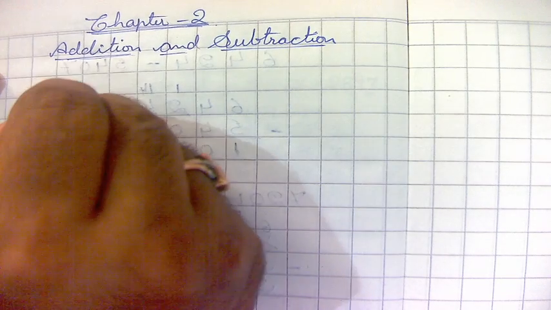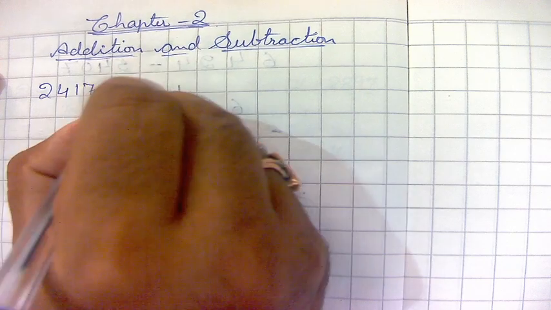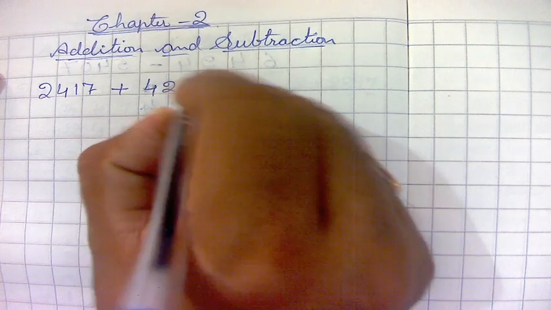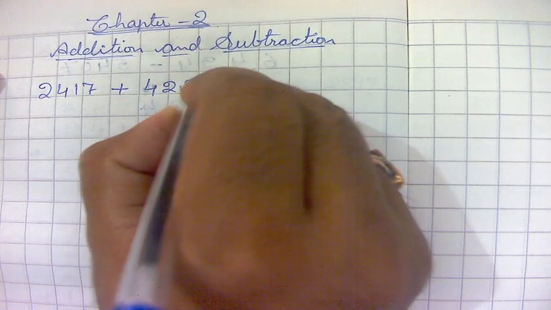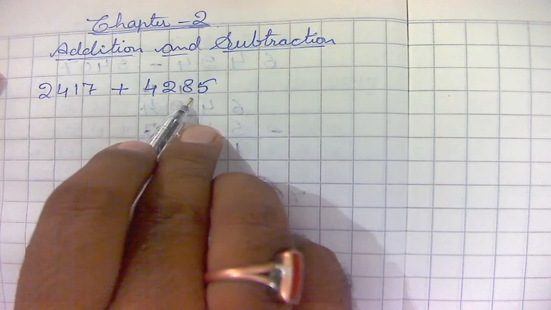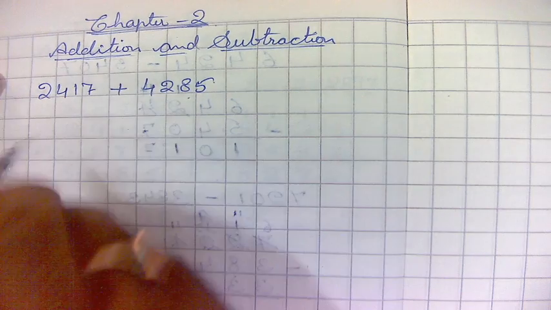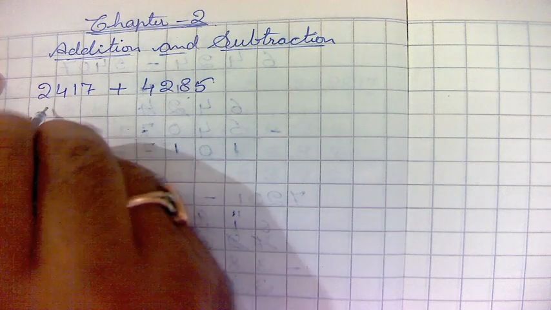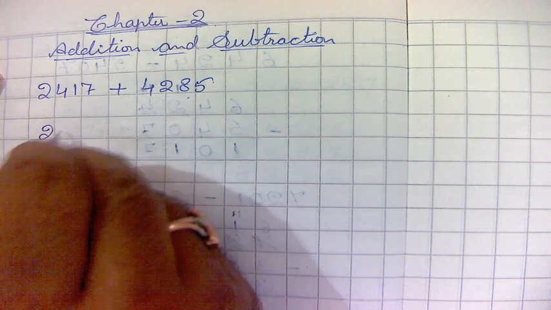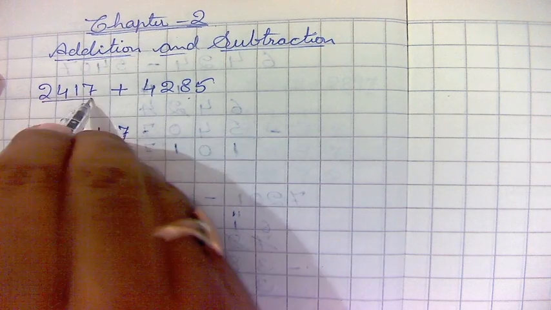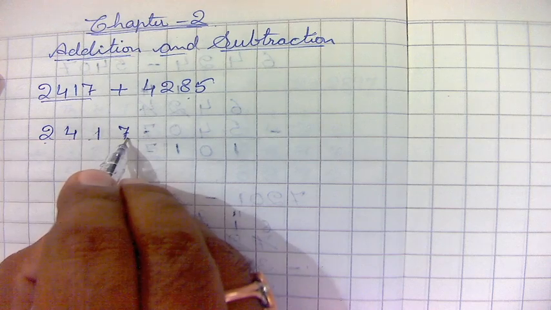Suppose you need to add 2417 and 4285. What you will do, you will first write them in the form of a column. Column method में लिखोगे. First write down the given number, the first number 2417.